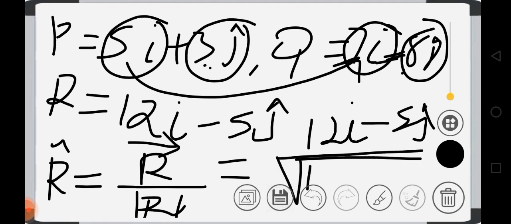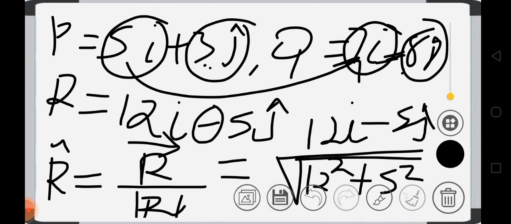The magnitude is 12 squared, and even though this one is minus, you put plus 5 squared. That is for magnitude. So 12 squared plus 5 squared, what is that? That will give us something very nice, 13.